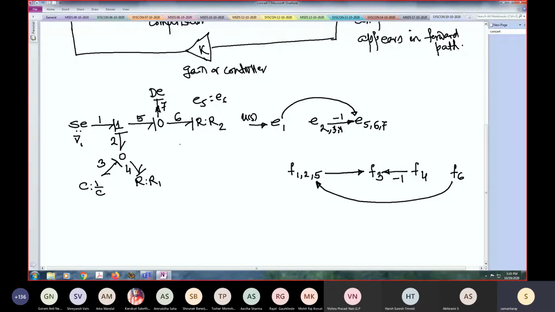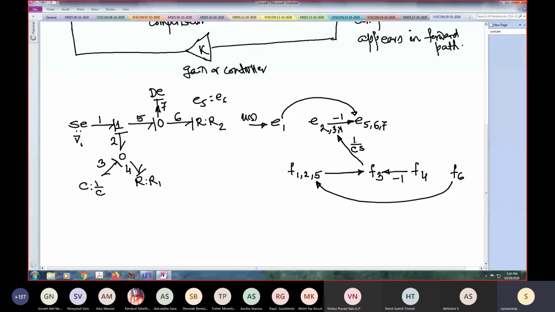Then we have the R elements and C elements. For bond number 3, we calculate using F3, we calculate E2, E3. E2, E3 all are the same. K by S. So K here is 1 by C and S. In a mechanical system we write K by S. In an electrical system, in place of K we write 1 by C. Integral causality, so 1 by Cs.